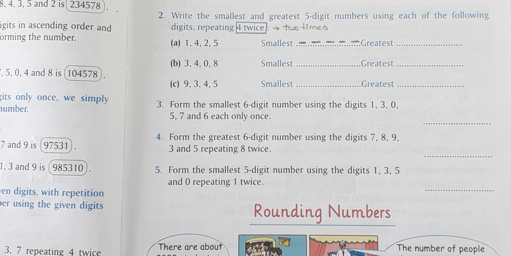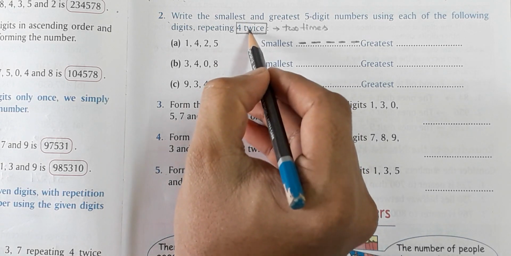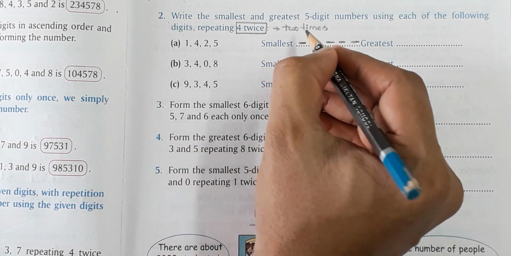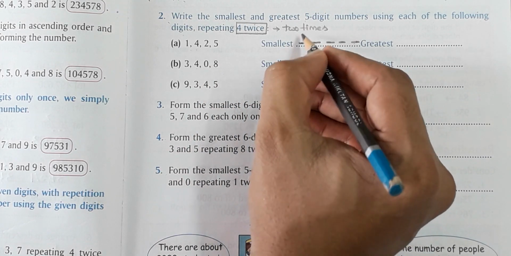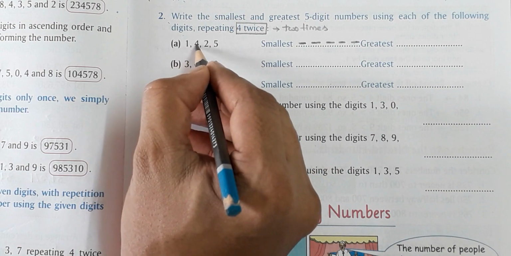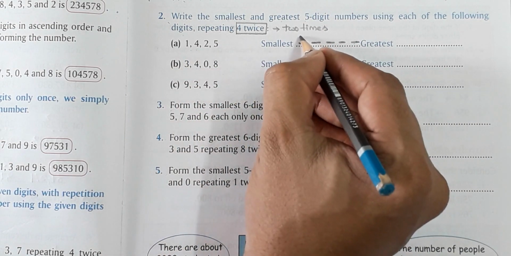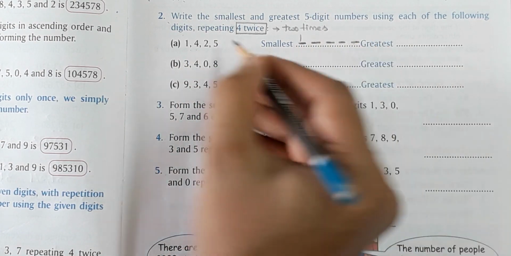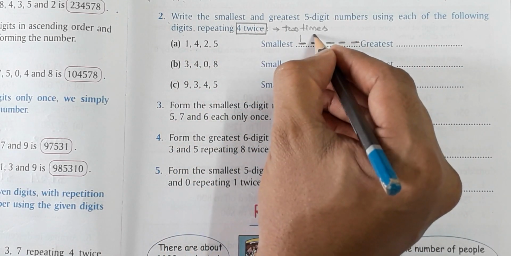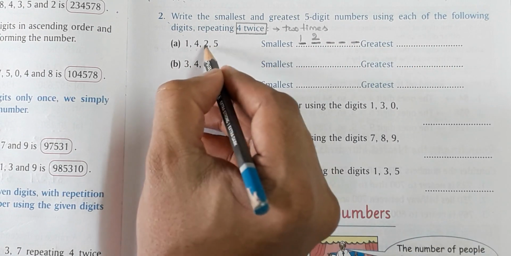Okay. Now look, smallest number. Smallest number means how will you write? As I told in the previous class, we have to write the given digits in ascending order. So in 1, 4, 2, 5, which is the smallest? First one is 1. We are done with 1. 4, 2, 5. Next smallest is 2. 4, 5.